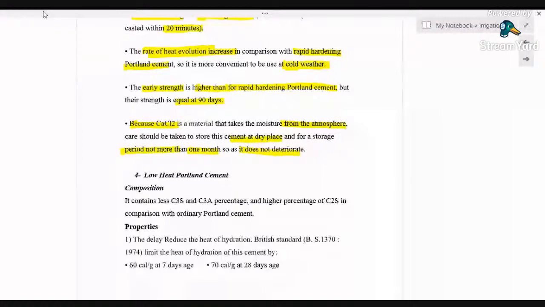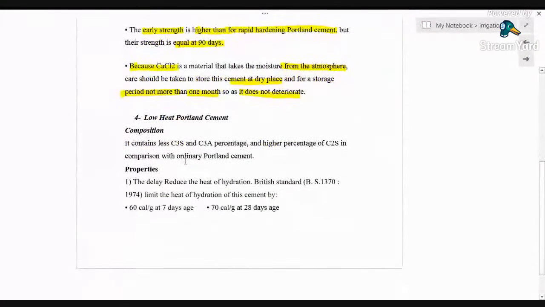And last for today, next class we will talk about other types. This is called low heat Portland cement. As I told you, strength is due to C3S and C2S, and heat is due to C3A and C4AF. You remember this: the strength in the cement is due to tricalcium silicate and dicalcium silicate, and the heat of hydration is due to tricalcium aluminate and tetracalcium aluminoferrite.